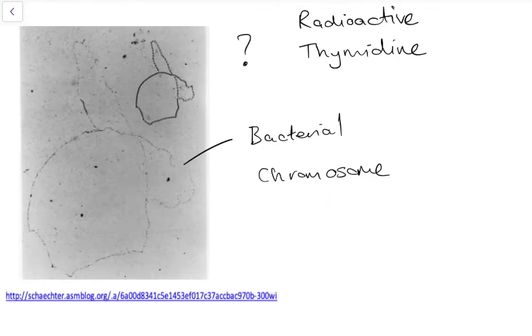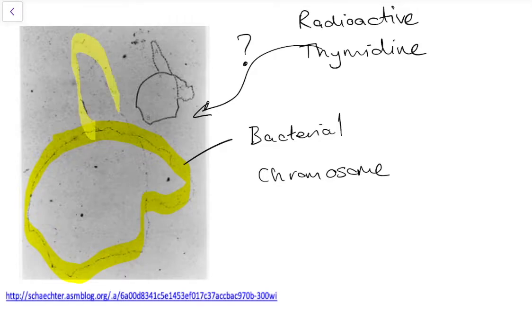So these bacteria are growing in this medium with radioactive thymidine that they take into their cytoplasm, and they're using in DNA replication. So they're now incorporating this radioactivity. So if it's giving off radioactivity anywhere where we've got DNA, we can track that.